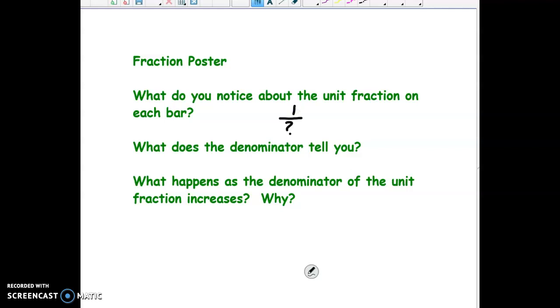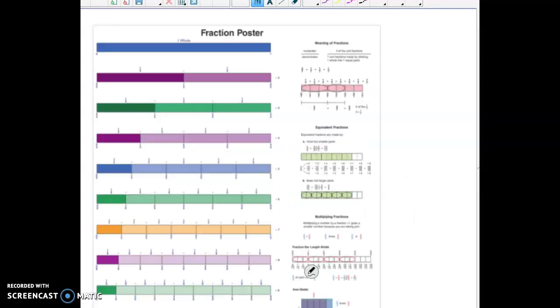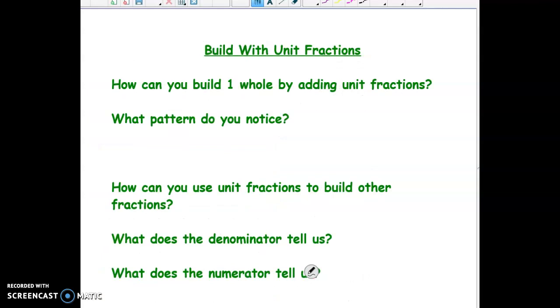And what happens as the denominator increases, as you go from 1/2 to 1/3 to 1/4 to 1/5, is the pieces get smaller. In our classroom, maybe you noticed that we have this fraction poster on the board, and we have it there for you to take a look at. A little more colorful, but it's kind of blurry on this one.